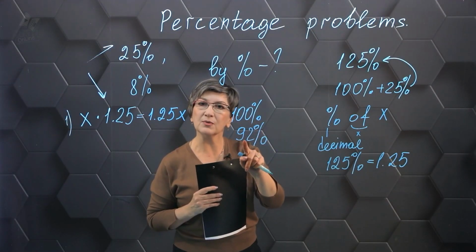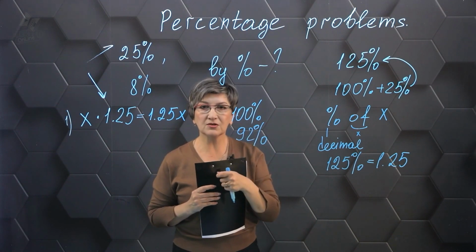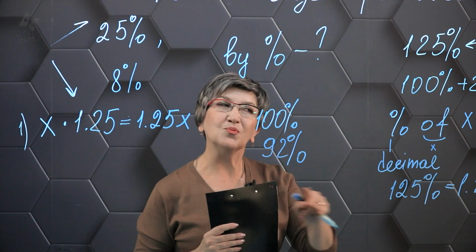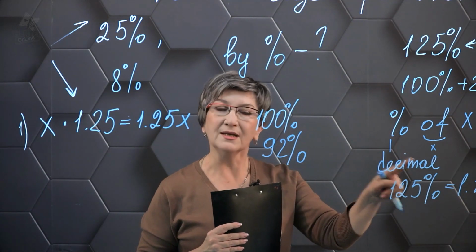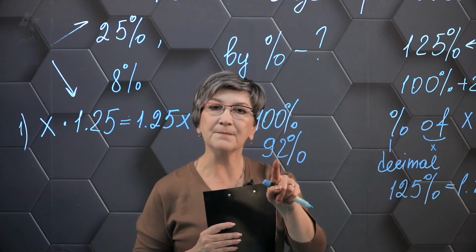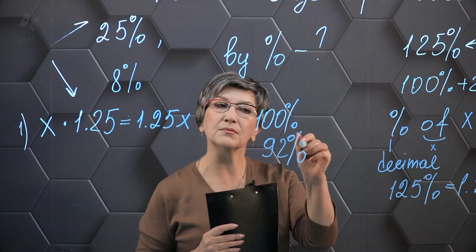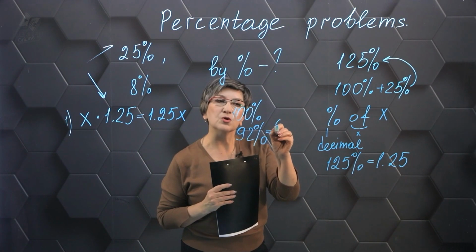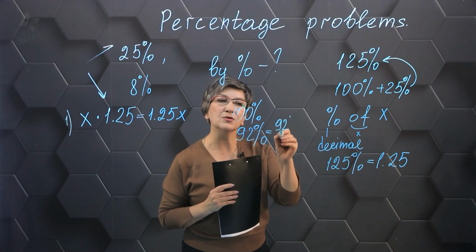Using the same algorithm, we must convert 92% to a decimal fraction. To convert 92% to a decimal fraction, we write 92 in the numerator and 100 in the denominator.